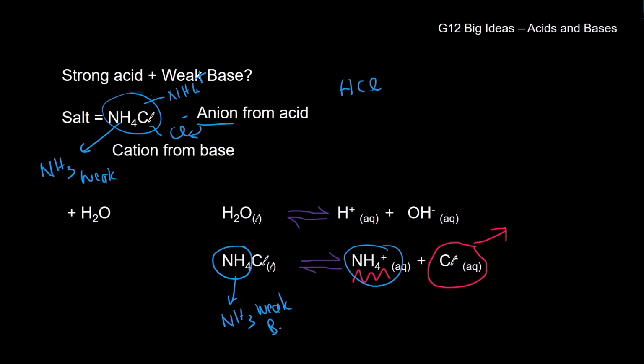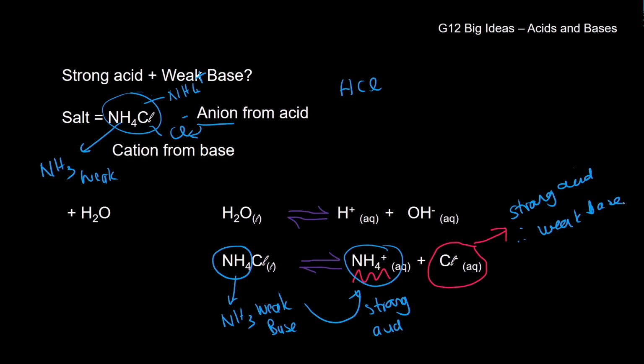So its conjugate pair is going to be a strong acid. So the ammonium ion is going to be a strong acid. Chloride ion, that comes from a strong acid, and therefore it is a weak base.